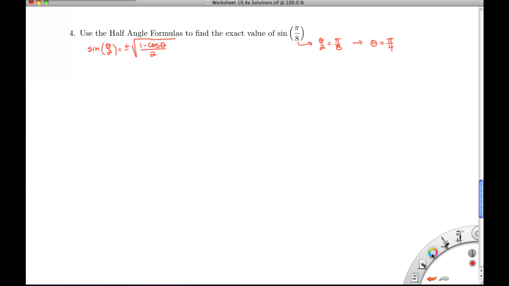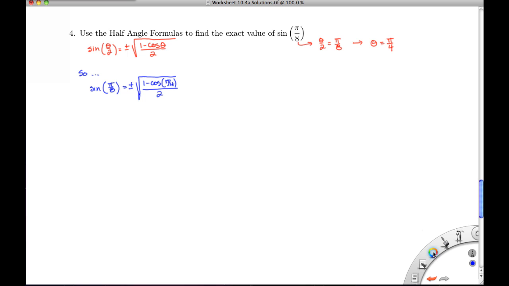So what we get is the sine of pi over 8, our theta over 2, is going to be equal to plus or minus the square root of 1 minus the cosine of theta, which is twice that angle, or pi over 4, and this is all divided by 2. We want to make sure that's all under the square root right there.